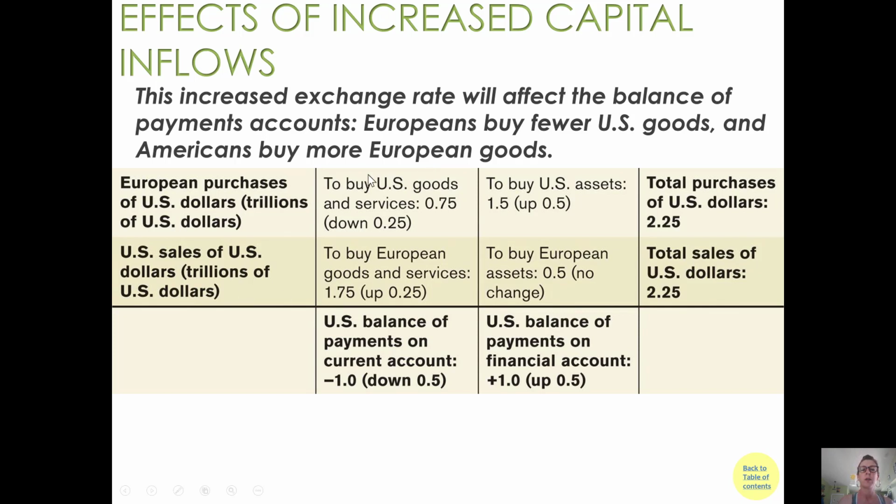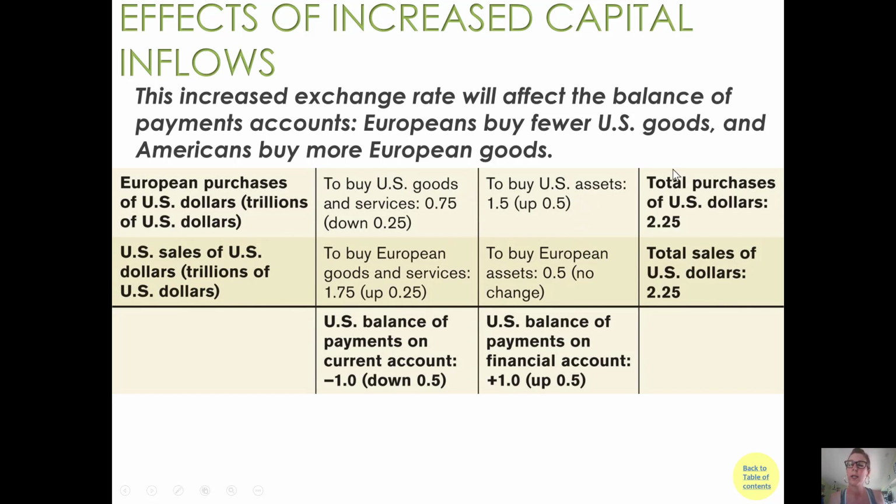So because the U.S. dollar has appreciated, U.S. goods are now more expensive, so foreigners will buy fewer. Let's say the Europeans buy 0.25 trillion less of our goods and services, so demand for dollars drops. But U.S. assets are up, so this was the whole driver, right? U.S. investments are now more attractive, and so we see an increase.